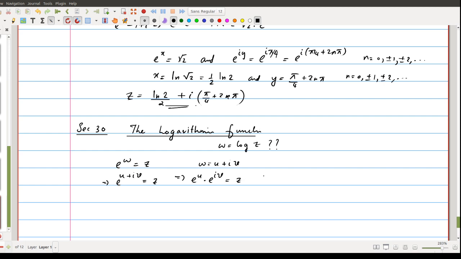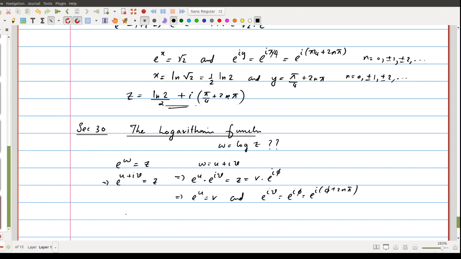Okay, so this z can be written as r times e to the power i phi. So from this you can write e to the power u is equal to r, and e power iv is equal to e power i phi, or you can write this as e power i times phi plus 2n pi.